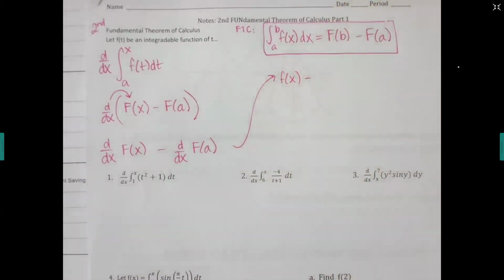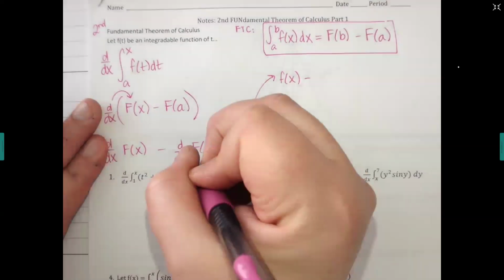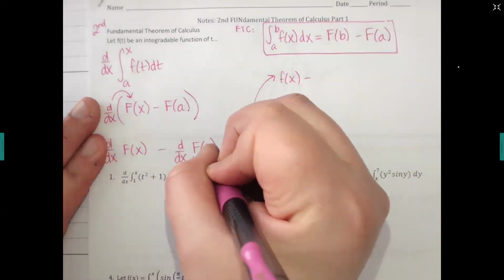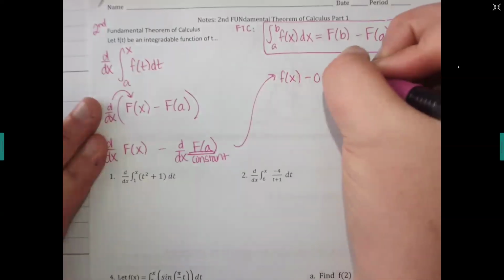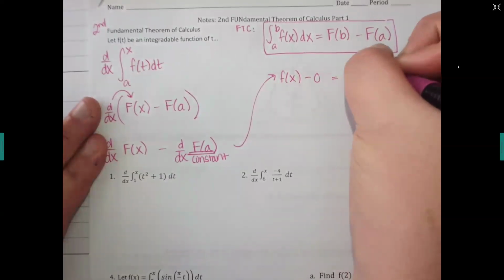And then for your second one, a is a constant. So if I take the derivative of a constant, do you remember what we always get? What's the derivative of like 5? 0. Okay, so no matter what this constant is, I want you to put here, this is a constant. Then the derivative of that constant would go to 0, which means it's really just f of x.